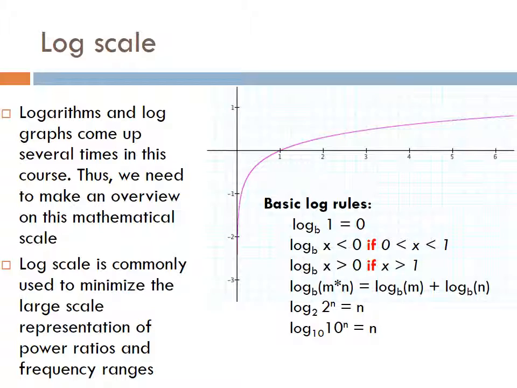Log of x is negative when x is between 0 and 1, and log of x is positive when x is greater than 1. Log of a multiplication m times n is equal to log of m plus log of n. Log base 2 of 2 power n, for example, is equal to n. Log base 10 of 10 power n is also equal to n.